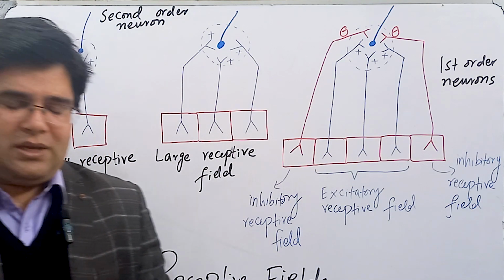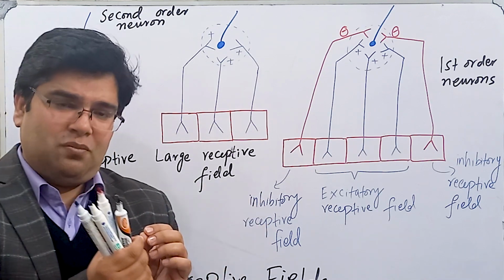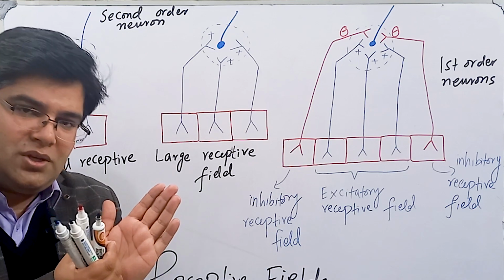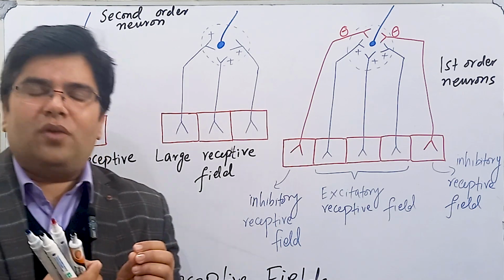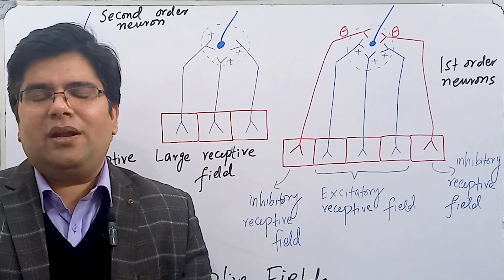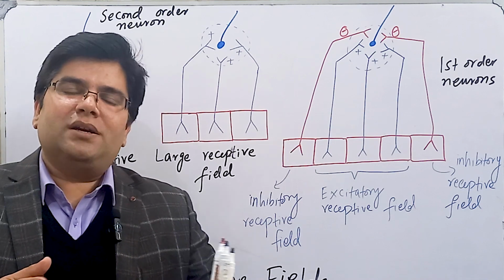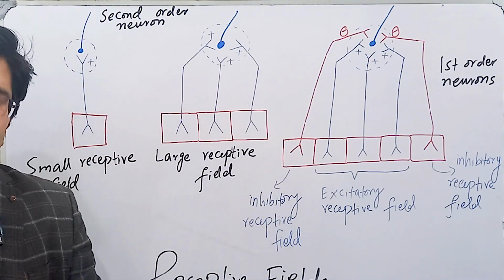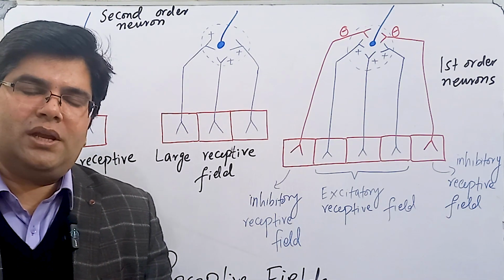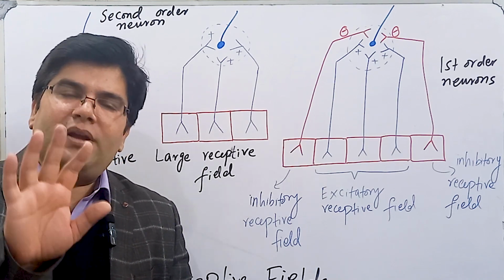For example, the receptive field for Meissner's corpuscle in our hands is a very small area, which is in millimeters, and that is very important for detecting two-point tactile discrimination. But the receptive field for two-point discrimination in our calf is much bigger. The threshold for two-point tactile discrimination in our calf is about 50 millimeters, but in our fingertips it's about 2 millimeters.